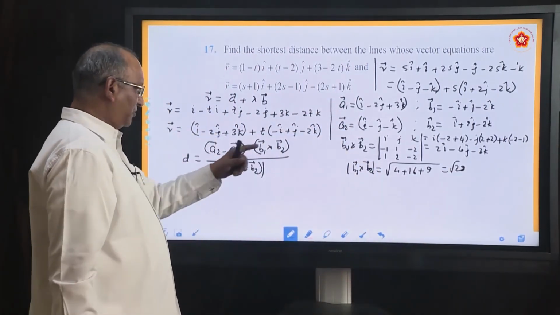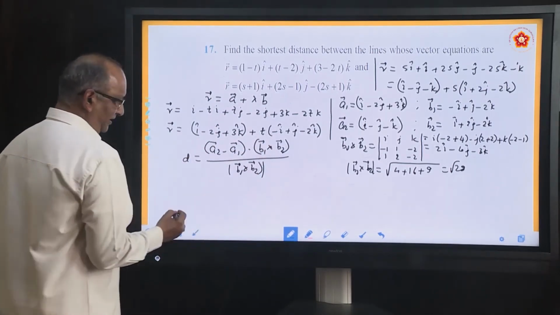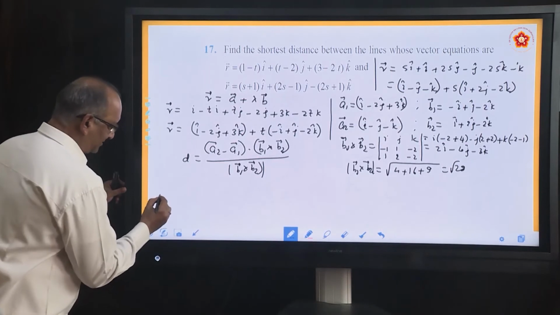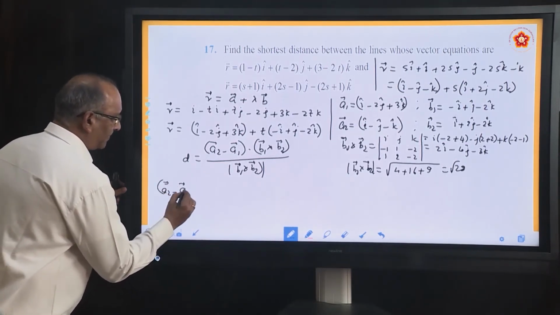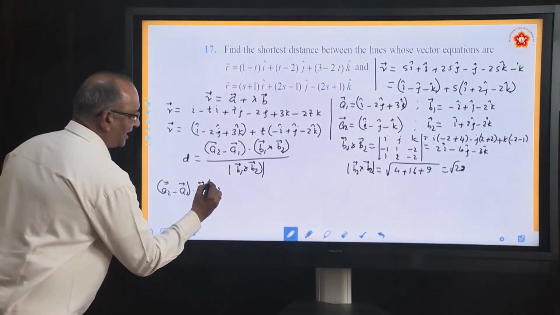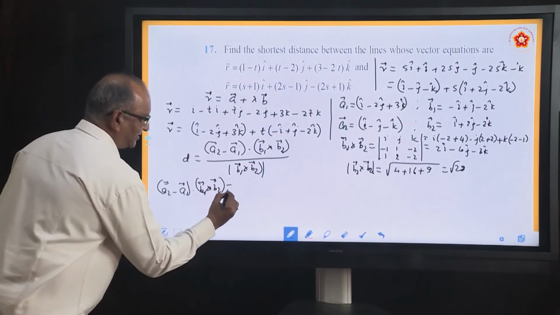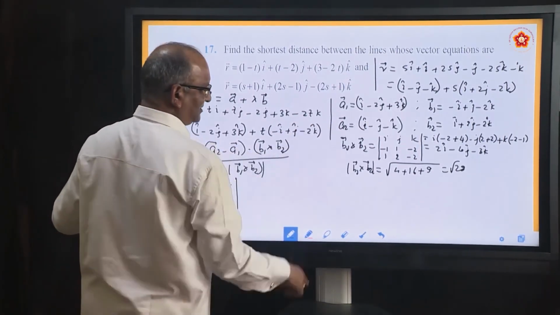Now we require the numerator. How do you find this numerator? Numerator is (A2 minus A1) dot (B1 cross B2). This is another determinant.